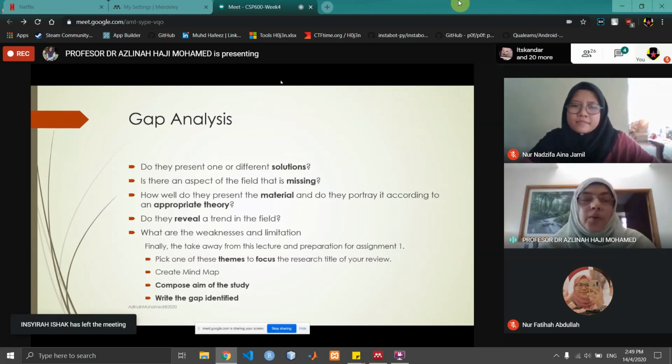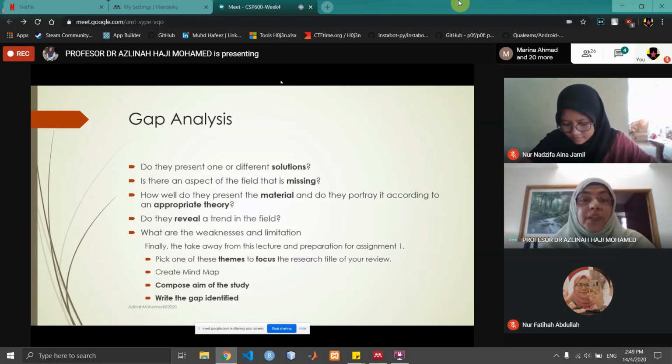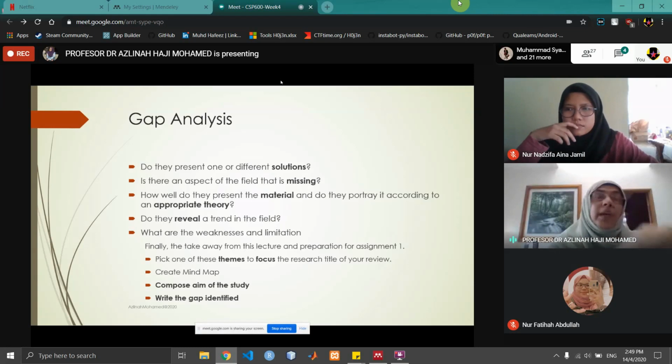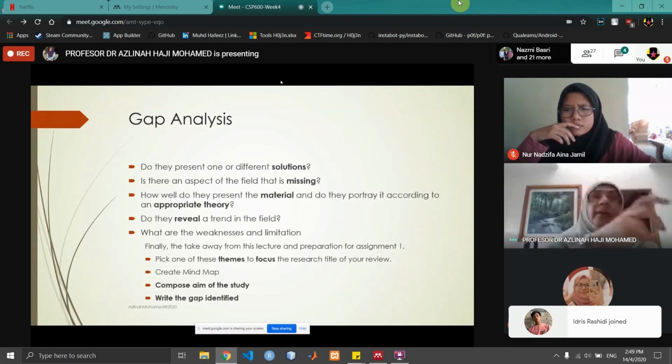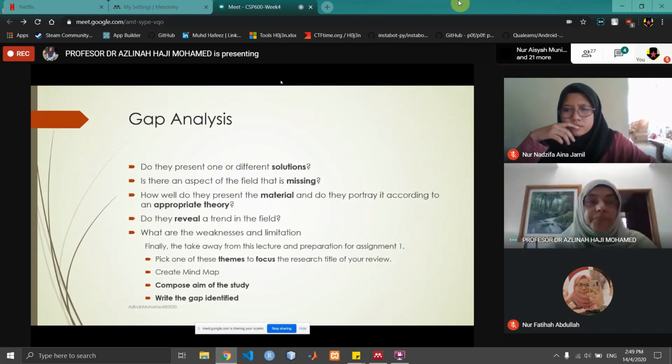Third is to compose the aim of the study, and the fourth is to write the gap you identified. Yeah, through the questions. After you have created the theoretical framework, you're reading and then you identify. So jot down the gap that you found at each of the themes, the areas of concern that you identified in your theoretical framework.